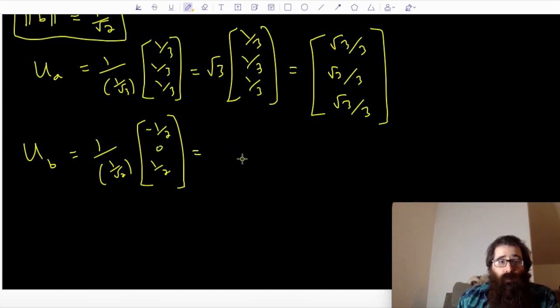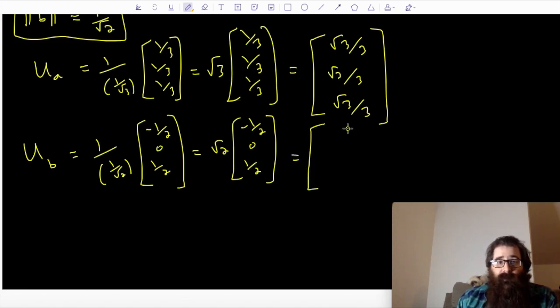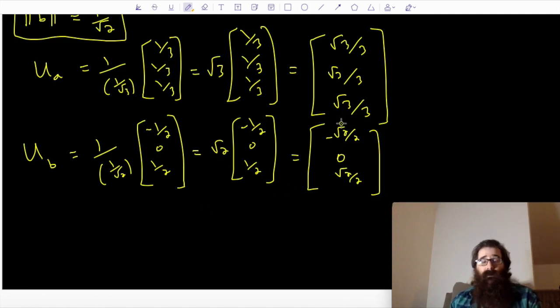Here 1 over radical 2 is just radical 2 times the vector. And if I bring that value in, I'm going to get negative radical 2 over 2, 0, and positive radical 2 over 2. And now these are unit vectors. So now I've normalized the vectors.